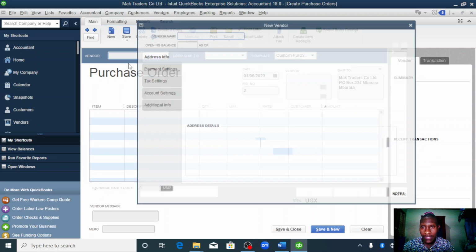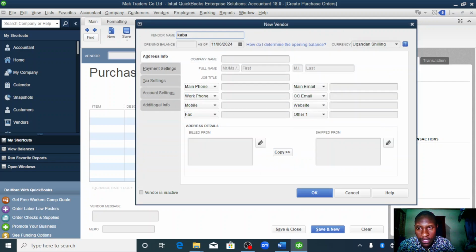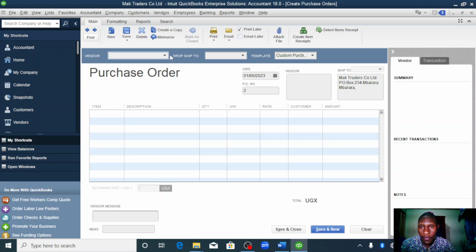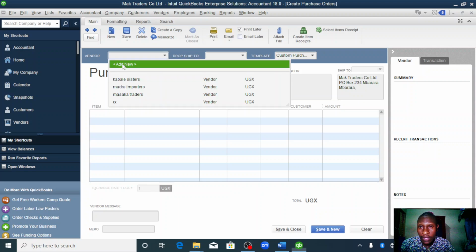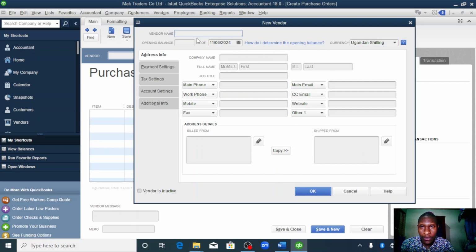We have to add Cavalry Sisters Limited. We need to add this new vendor, that is Cavalry Sisters Limited.